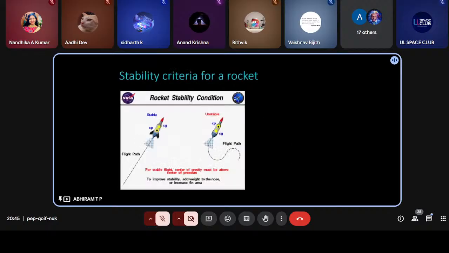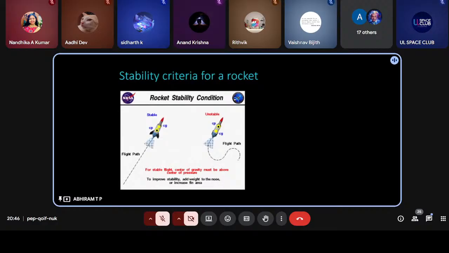So, the center of pressure of a body is a point where the total pressure acts when it is immersed in a fluid. It is just similar to center of mass. And the center of gravity, as all of you know, is a spot where the whole weight of the body is considered to be acting.